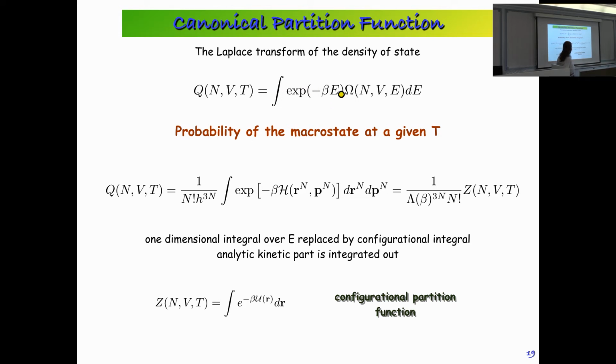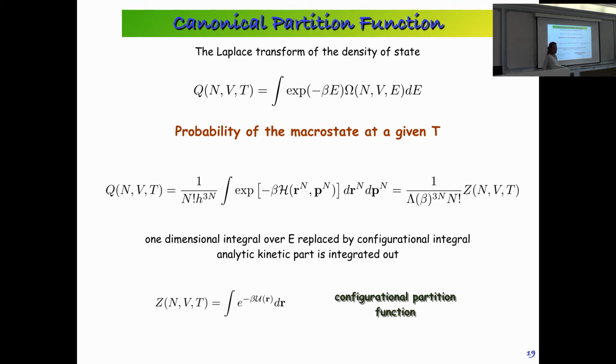So you have to do this integral to get the partition function. Since the energy is a function of positions and momenta, if you transform it, this is an integral over the positions and the momenta, so an integral over a 6N-dimensional space. That means you need information on each point in the 6N-dimensional space, and the calculation of the energy at each point, and then weight every configuration again with the Boltzmann factor, and you get your partition function.